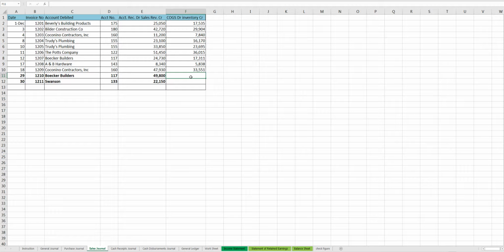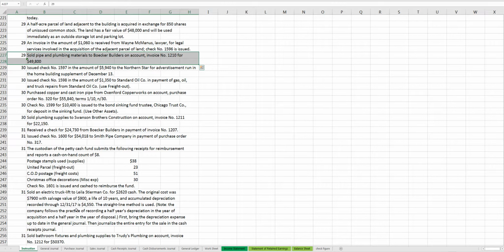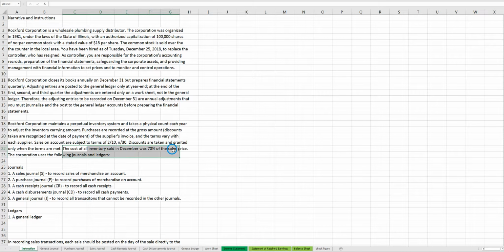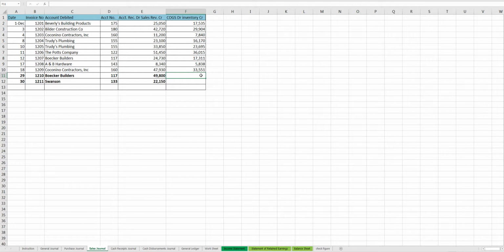Those are the two journal entries for sales in a perpetual inventory system. The cost of goods sold information is given in the instructions, right here: the cost of inventory sold in December was 70% of the sales price. Therefore, the cost of goods sold will be 70% of the sale price.